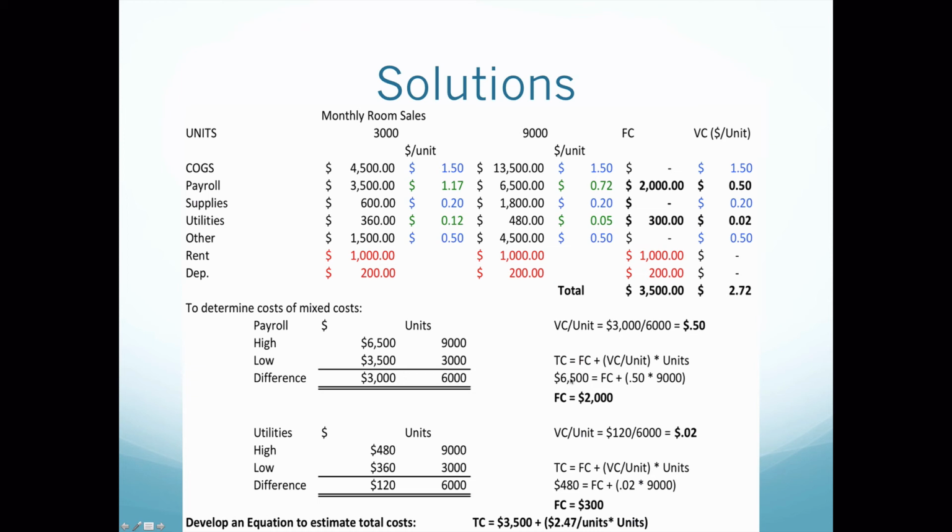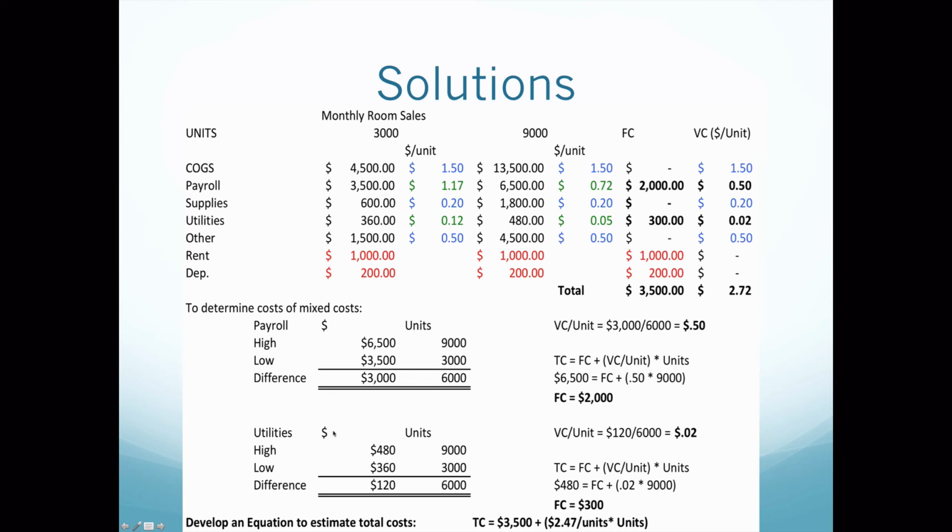Our high month dollars is $6,500 equals fixed cost plus our variable cost per unit that we just calculated, 50 cents times 9,000 units, which is our high units. So we take our high units and our high dollar amount, we plug it into the formula with our variable cost per unit, and we get fixed costs of $2,000. So we plug that in.